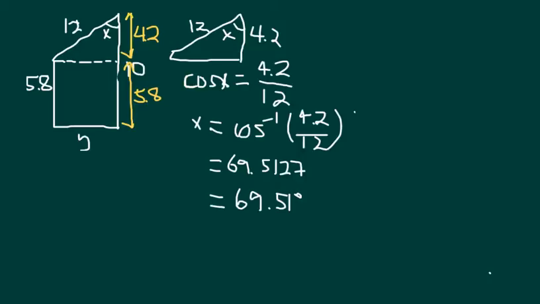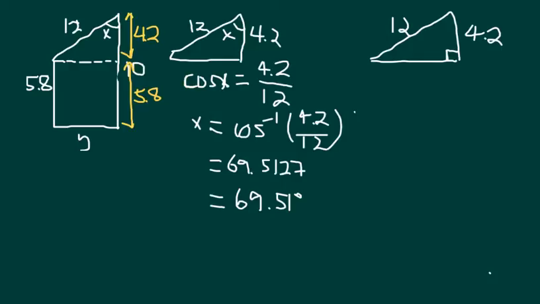So I found x. And now my job is to find y, and as we mentioned earlier, y is actually this length here. So if I redraw it for you, same triangle as before, it's 4.2, 12. We could use trigonometry and ratios, but we don't need to because this is a right angled triangle, and let's not overkill the problem.